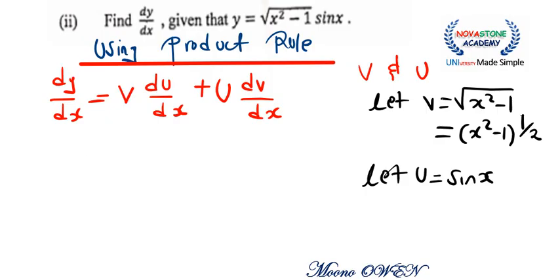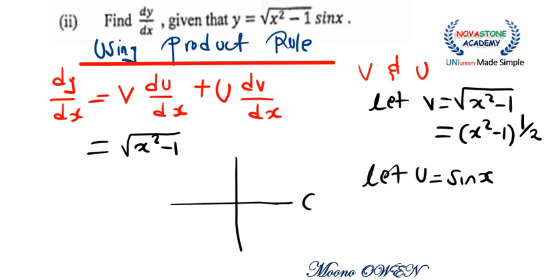So let's start solving now. We've got v, the square root of x squared minus 1. Then we're going to differentiate u, which is sine x. How do you differentiate sine x? When differentiating trigonometric functions, you have to remember this diagram. It is always a guide. Take this x-axis: this will be sine, this will be cos, this will be negative sine, this will be negative cos.